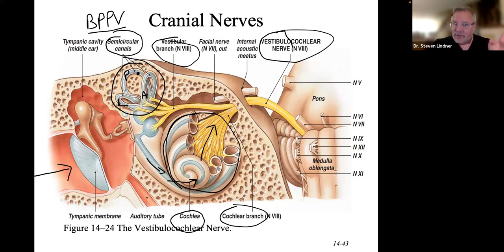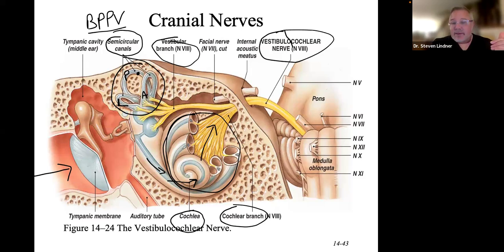Otherwise, you can really make this worse. If it's a vertigo that's caused from a chemical stress, like a certain medication, those are difficult. Like blood pressure medications can cause vertigo.